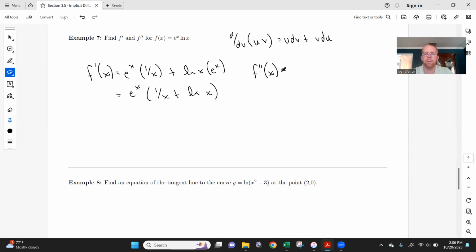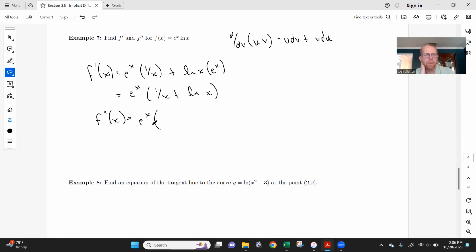So e to the x is still the first function, and then 1 over x plus ln of x is the other function. So let's put this at the bottom. May not have enough room over there. So f double prime. We're going to hold the first one, take the derivative of the second one.